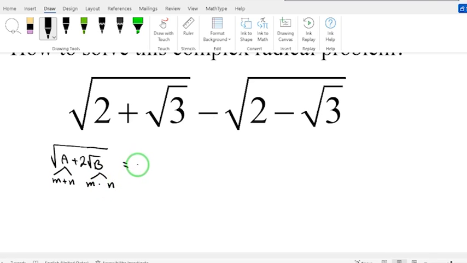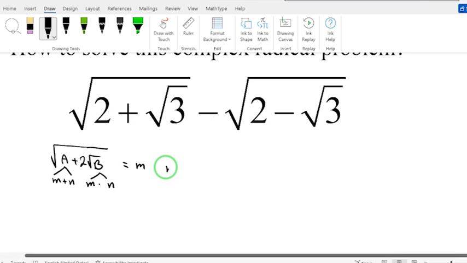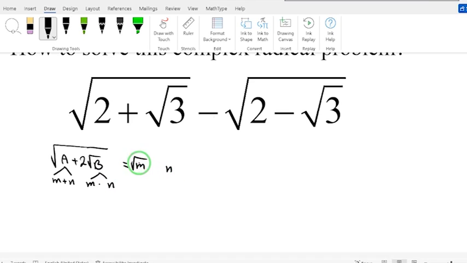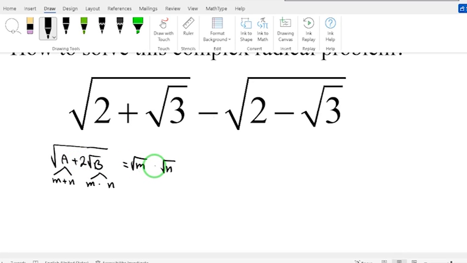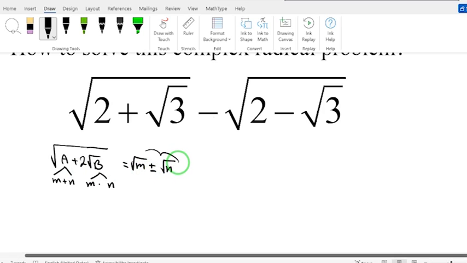Then write the m and n, square root of m and square root of n. The sign between m and n is taken from the 2 here. If it's positive, you write positive, and if negative, you write negative. It's actually a formula or rule you should keep in mind.